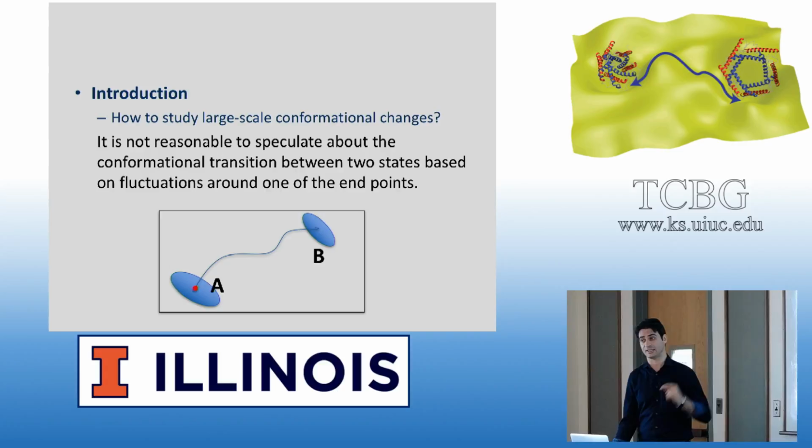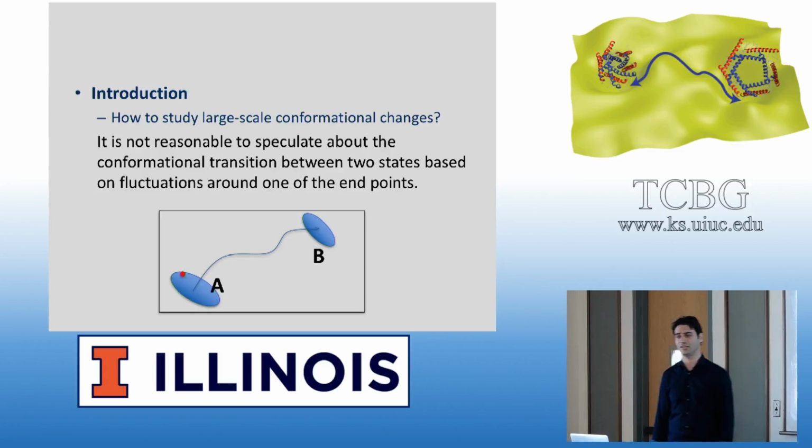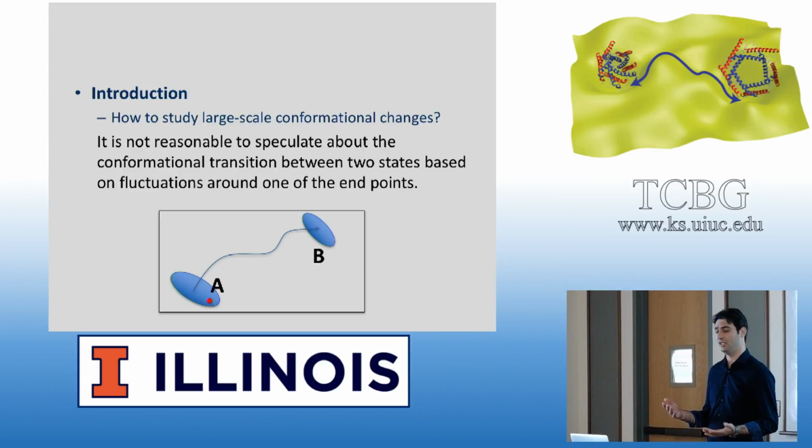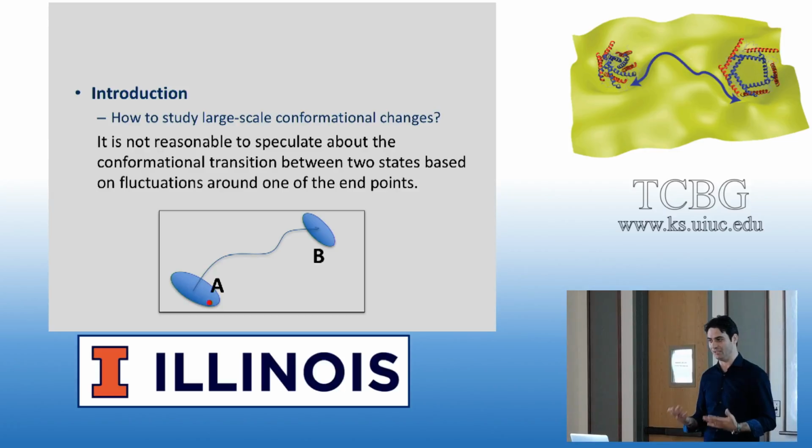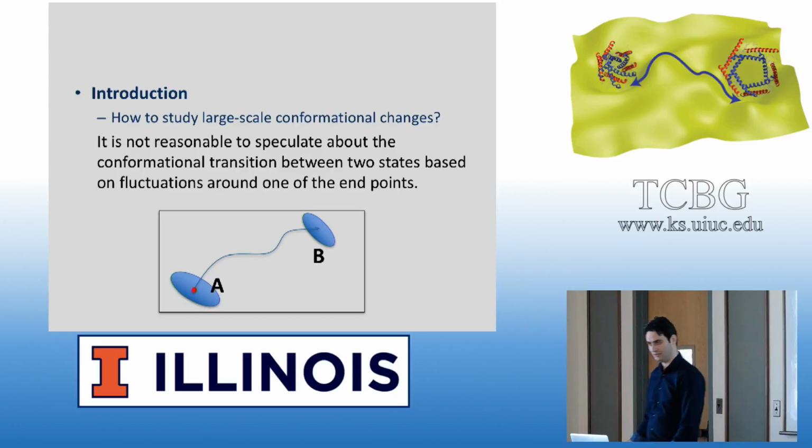Like in this particular case that I showed you, this is a membrane transporter, and the time scale for membrane transporter function is usually several milliseconds minimum. So you won't be able to observe that transition if you just run a microsecond simulation.